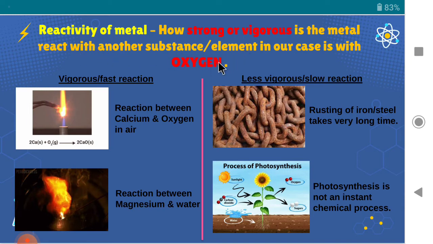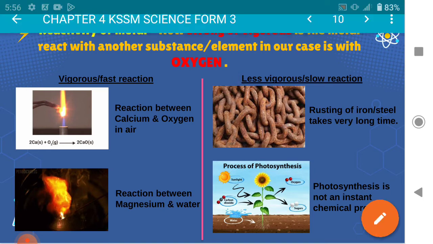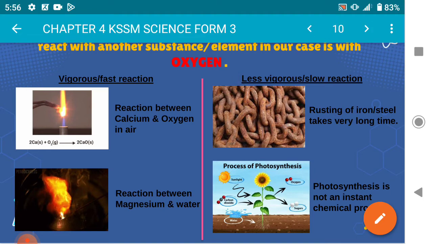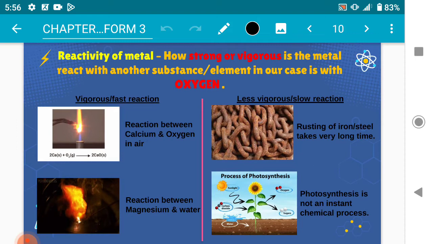In our case it is oxygen. In the KSSM textbook, the reactivity involved is reactivity with oxygen, so how strongly or vigorously the metal reacts with oxygen, basically.